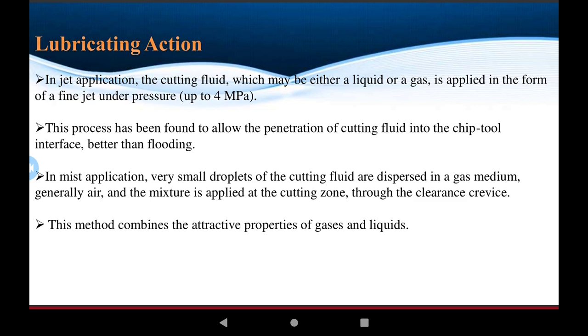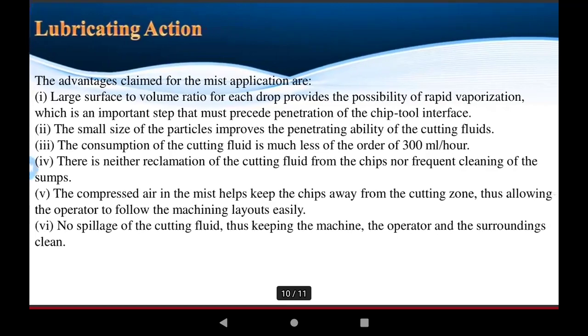Generalized, the mixture is applied to the cutting zone for clearance of action. This method combines the attractive properties of the gaseous and liquid application on the lubrication application.